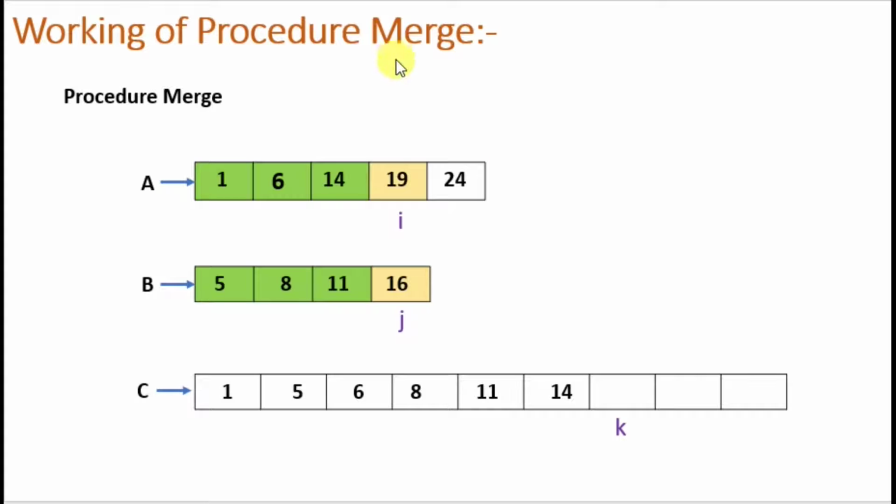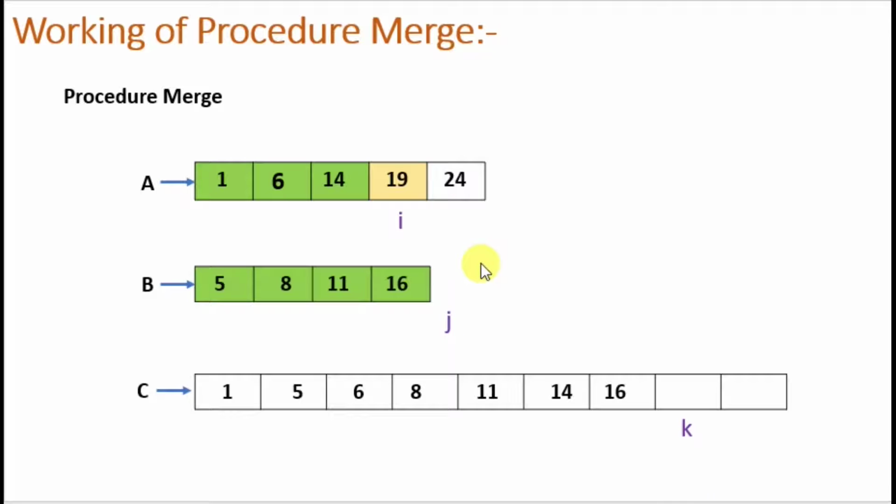Now it will compare 19 and 16, so 16 is lesser, so 16 will move from B of J to C of K. After moving 16, J and K will get incremented. Now J and K got incremented.